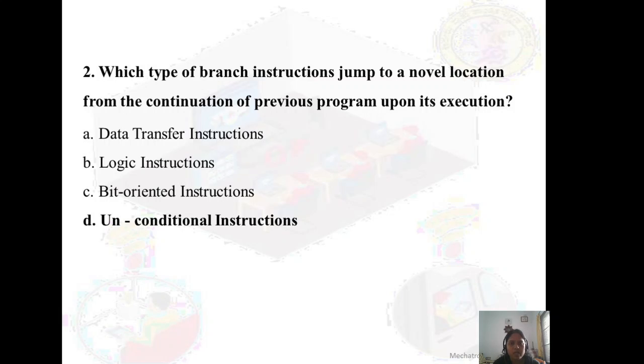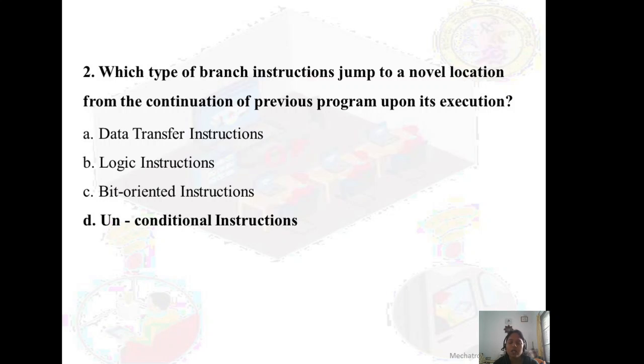Which type of branch instructions jump to a novel location from the continuation of the previous program upon its execution? After the continuation in a branch instruction, what gets executed next? Data transfer instructions, logic instructions, bit oriented instructions, unconditional instructions.